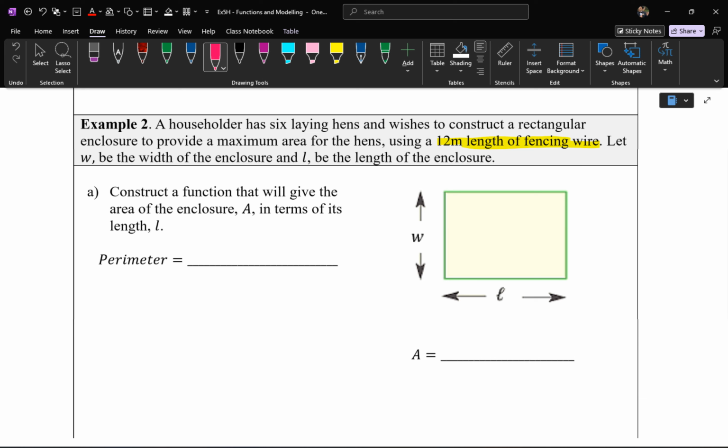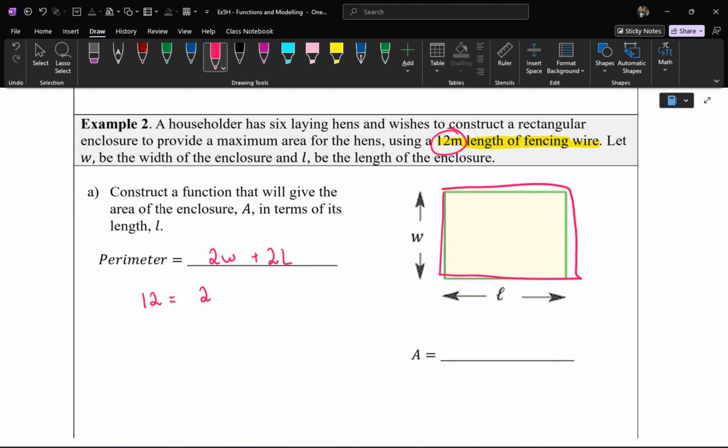So we know that W plus L plus W plus L, which is really 2W plus 2L, should give you the perimeter. But we already know what the perimeter is because they told you it's 12 meters in length. So you should have an equation: 12 is equal to 2W plus 2L.